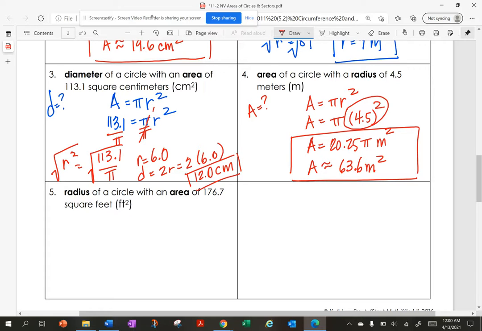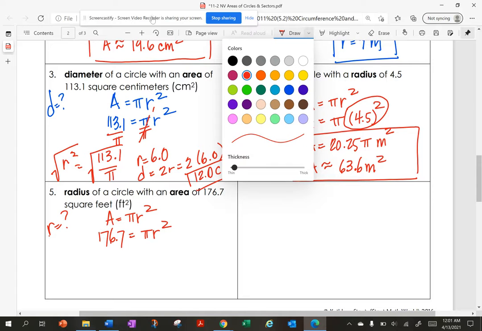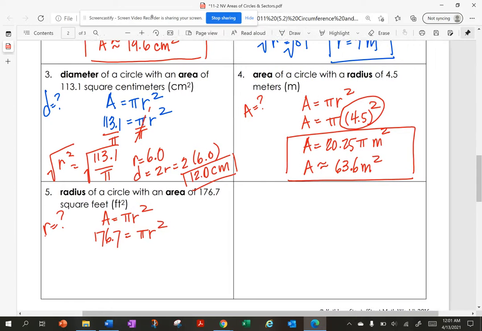Okay, next I'm going to find the radius of a circle with an area of 176.6 square feet. So formula, area equals pi r squared. I'm going to substitute the 176.7 for the area. So pi r squared. I'm trying to isolate the variable, so I'm going to divide by pi.